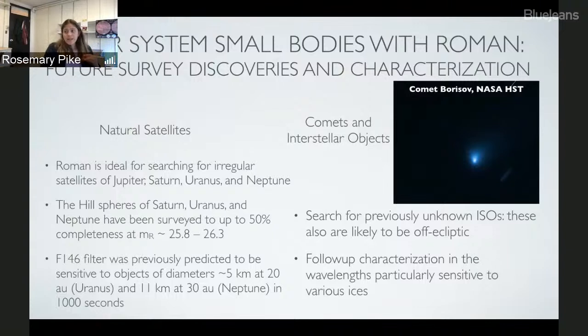Roman is also ideal for an irregular satellite search of the giant planets. So I mentioned briefly that irregular satellites are captured, and we can get a good idea of the size distribution of these distant populations by looking at the size distribution of these irregular satellites.